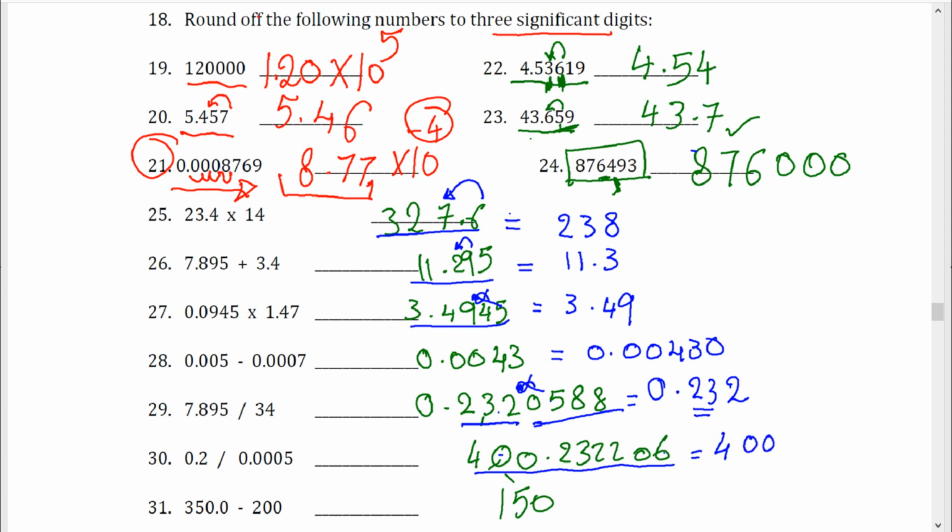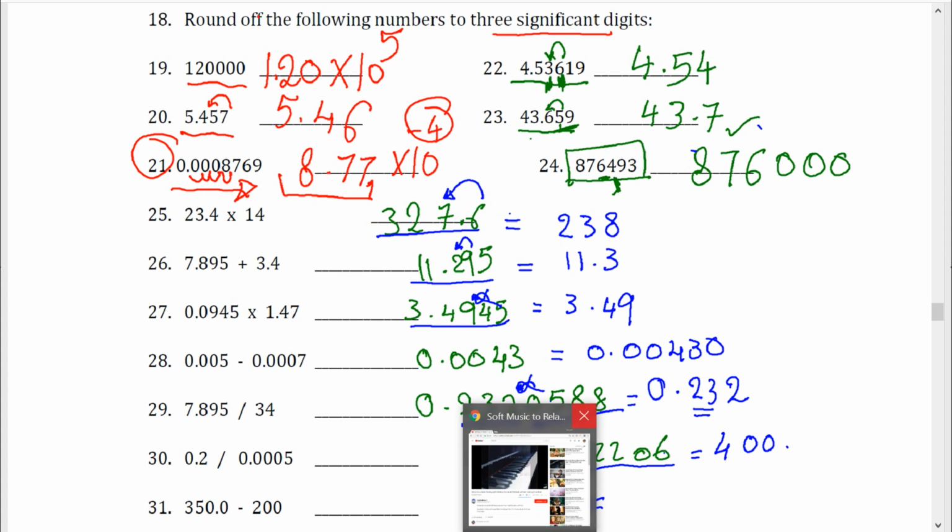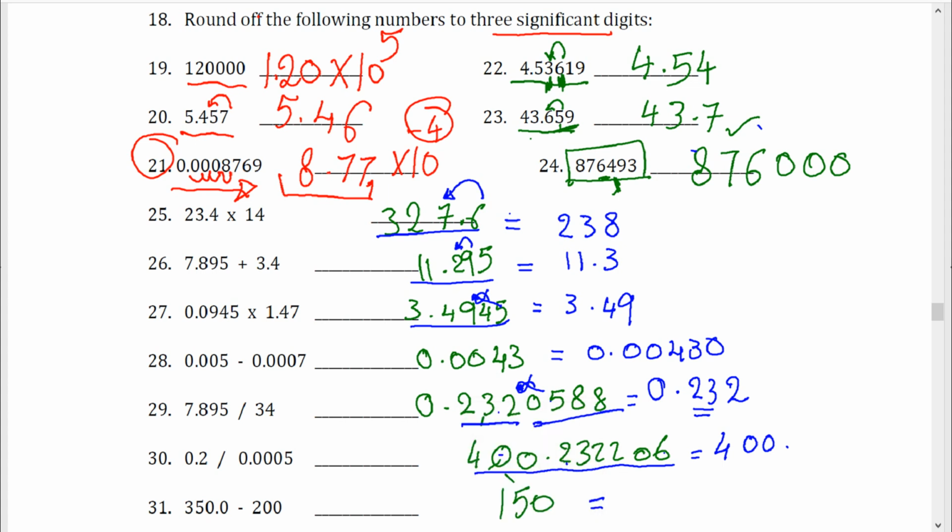If I leave it like this, it will be only one significant figure. In order to make it 3 significant figures, just put a point here. And this number is 2, so it's not going to add any other value here. This value is already rounded to 3 significant figures, so we'll leave it as it is.